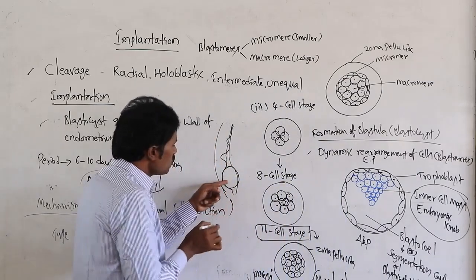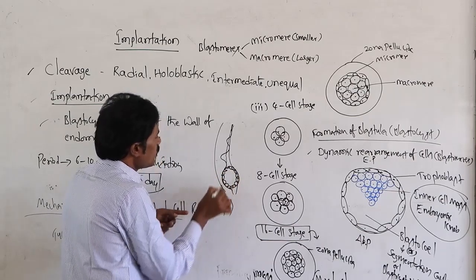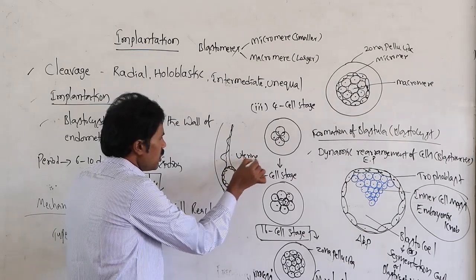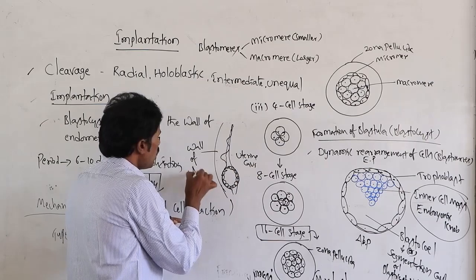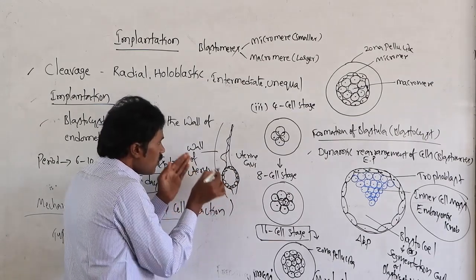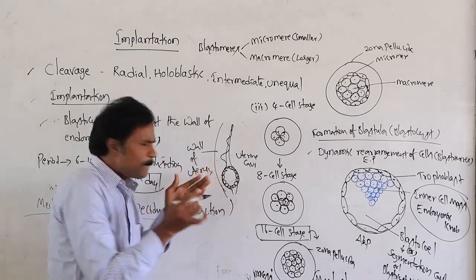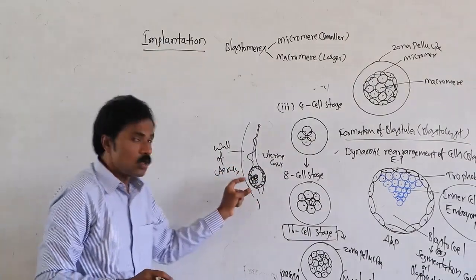This is the uterine cavity, this is the wall of the uterus, this is the inner cell mass and this is the trophoblast.